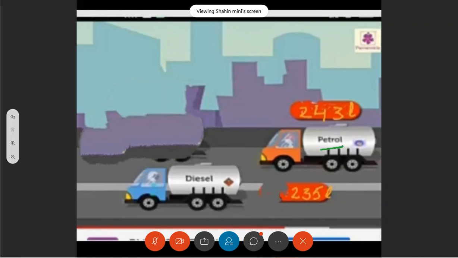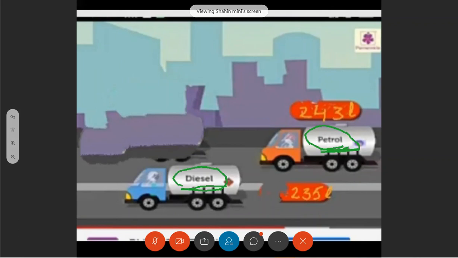One is having tankers. Two small tankers are there. First one is having petrol and second tanker is having diesel. Okay, yes. So how much petrol is it having?